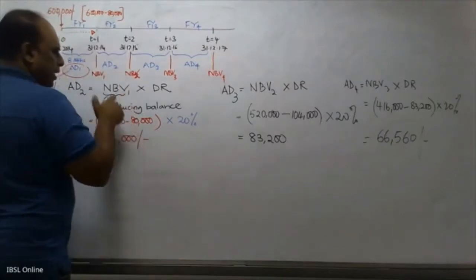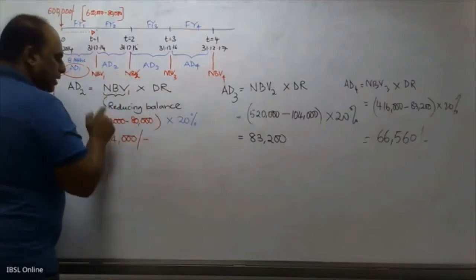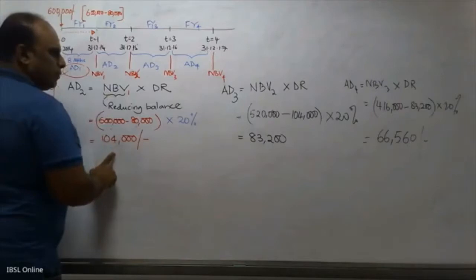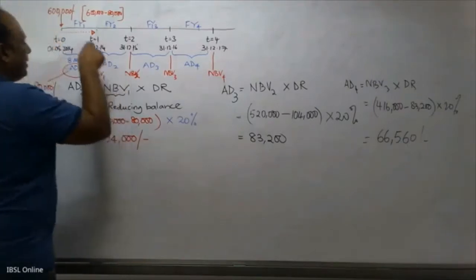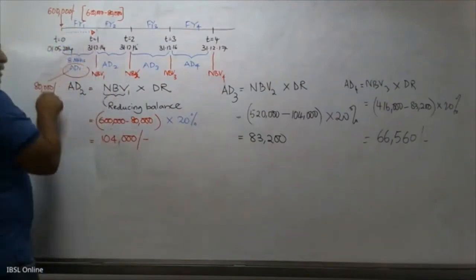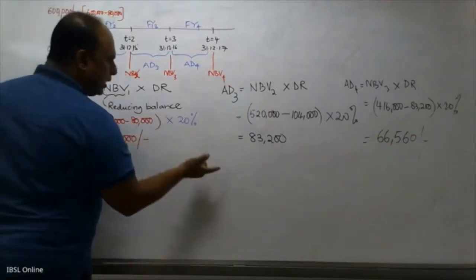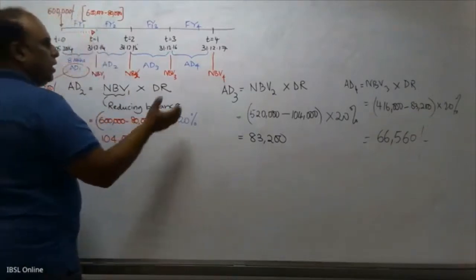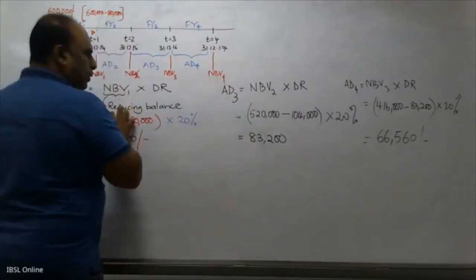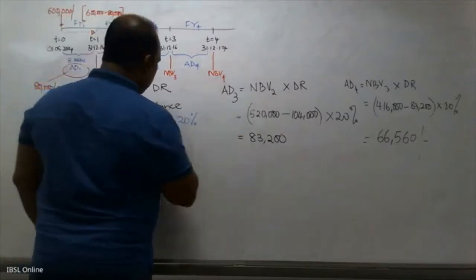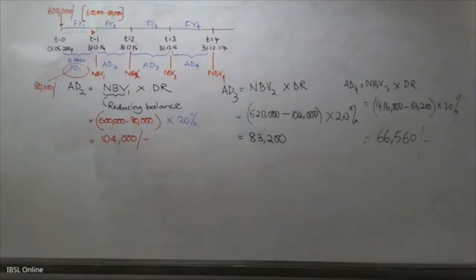But here, year on year, it is going to reduce. How much? By the annual depreciation amount. So when you go to the end of the first year, it is cost minus the depreciation that you provided for the previous year. That's why we got 104,000. When you go to the next year, the net book value will be the net book value of the previous year end minus the depreciation that you had. So likewise, it will come.